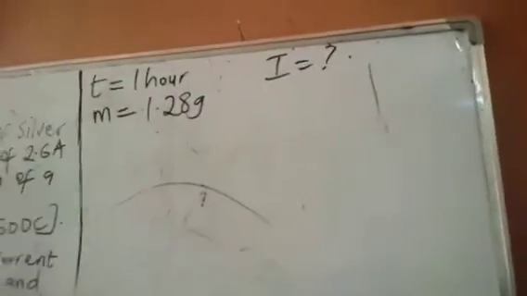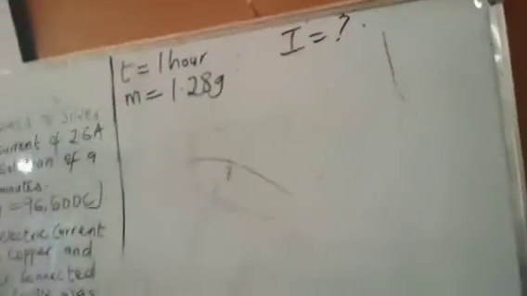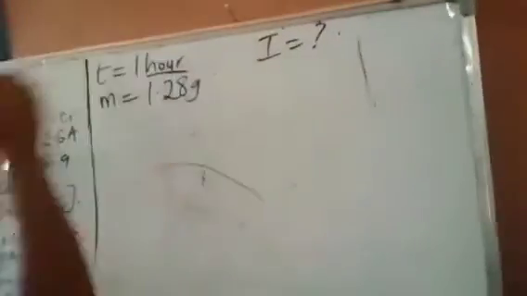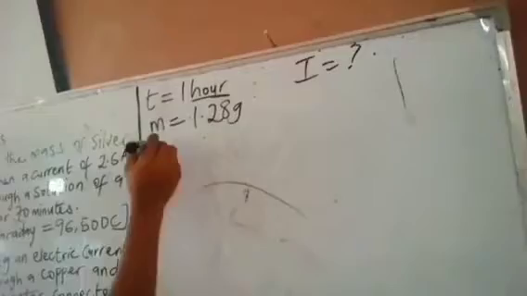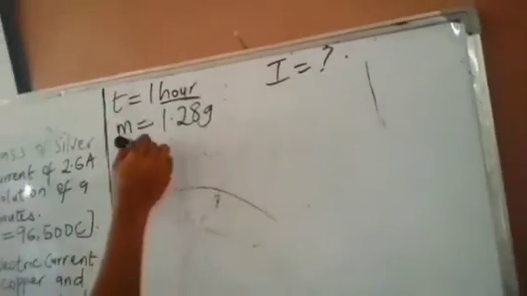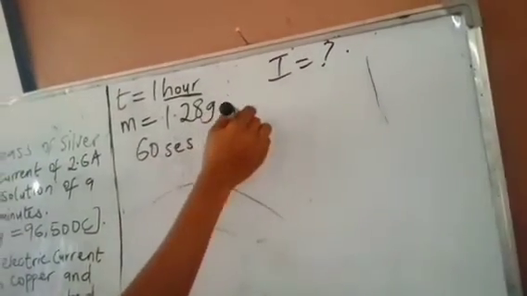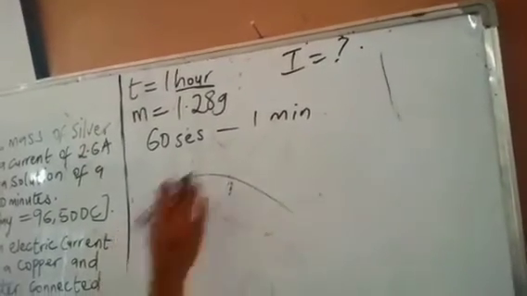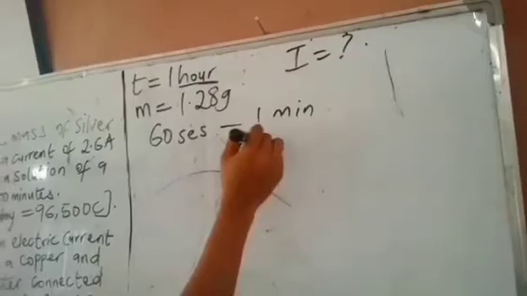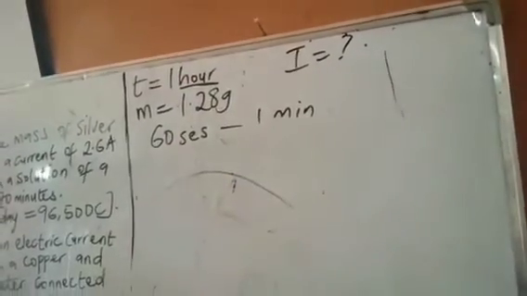Now, definitely, we have work to do. This time is an hour, we need to convert it to seconds. First of all, we already know the fact that 60 seconds make 1 minute, and 1 hour is 60 minutes.